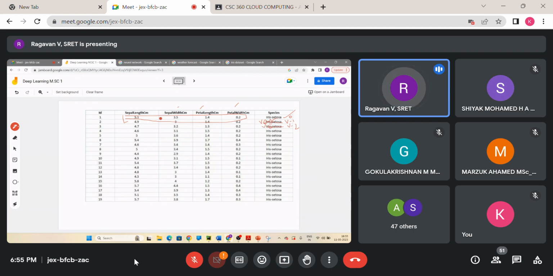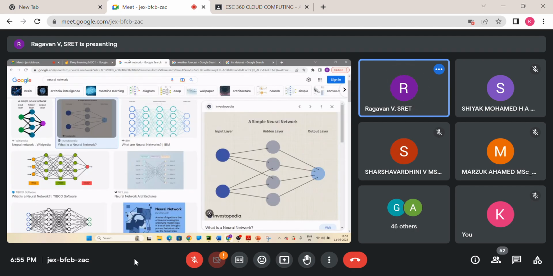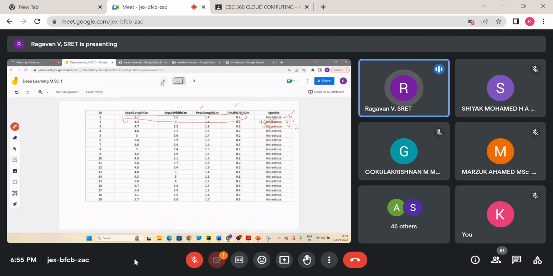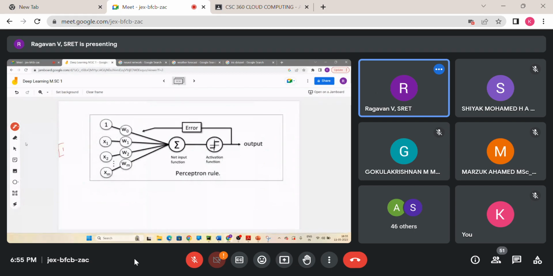So I'm going to pass these four data into the neural network: 5.1, 3.5, 1.4 and 0.2.